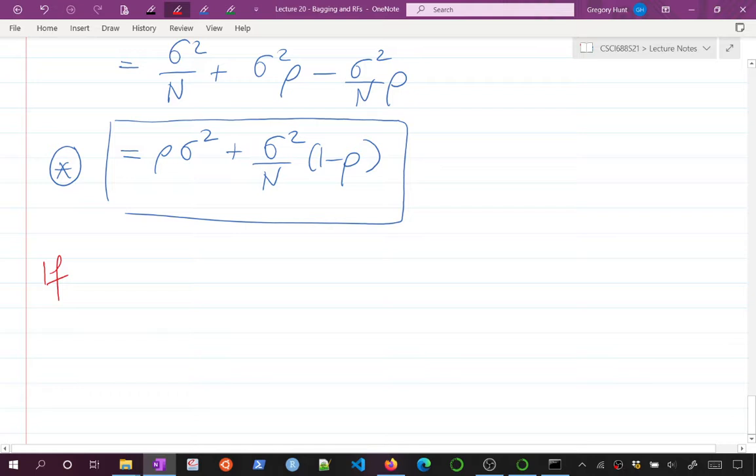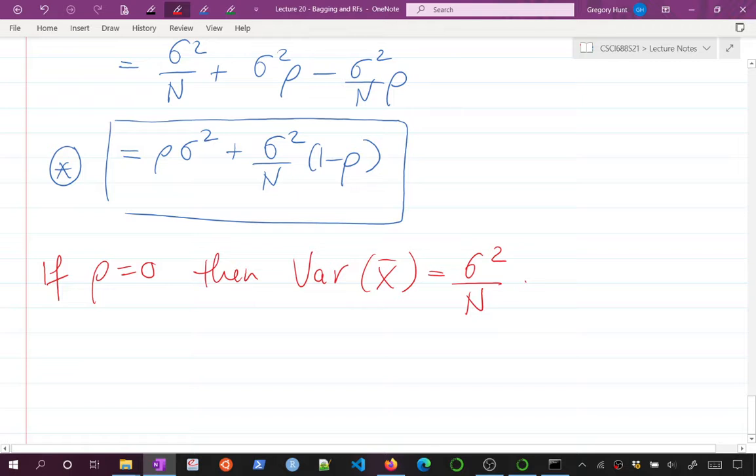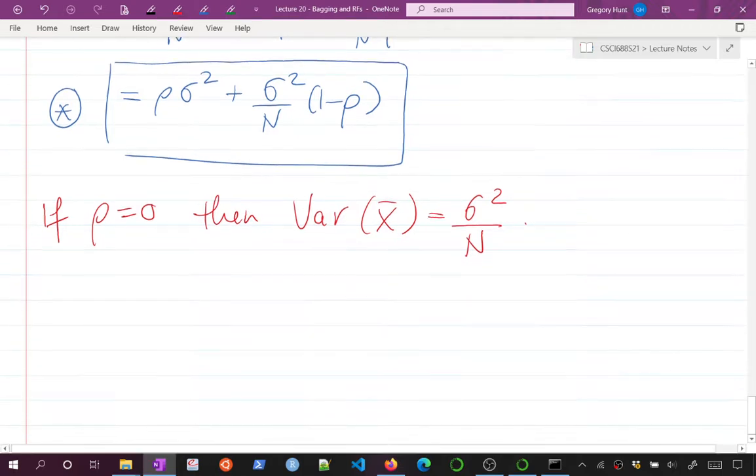It's going to be rho sigma squared plus sigma squared over n times 1 minus rho. If rho is 0, then the variance of x bar is just going to be sigma squared over n. Now that might be a formula you're more familiar with. So that's a cute little fact.